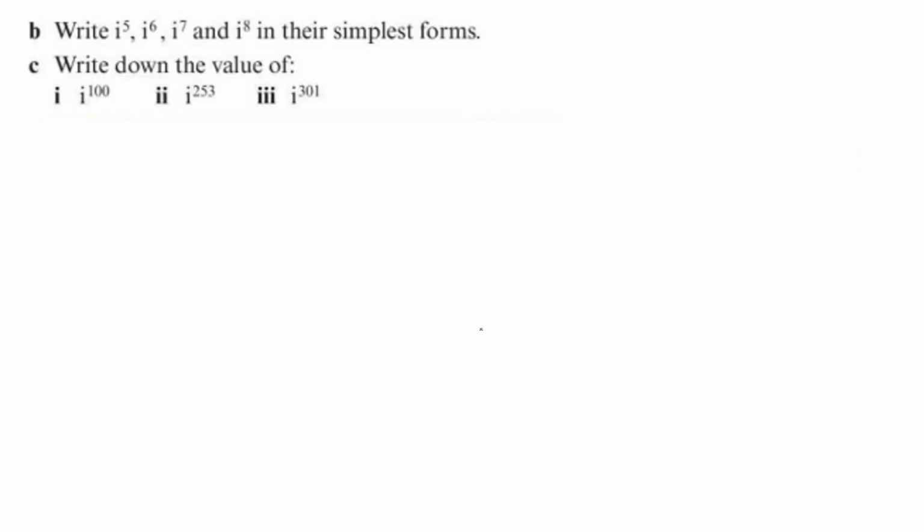But for those who do find this simple and make sense of it, we know that i squared is equal to minus 1. So what is i to the power of 5, i to the power of 6, i to the power of 7, and i to the power of 8? Let's work with, what did we say? That i to the 4 is just equal to 1.